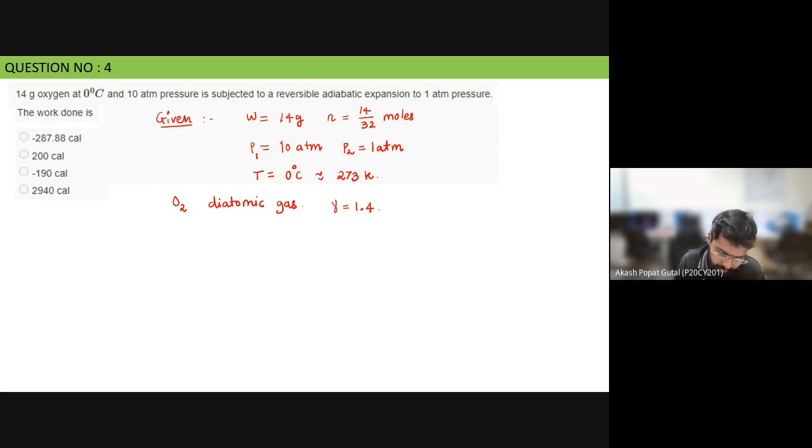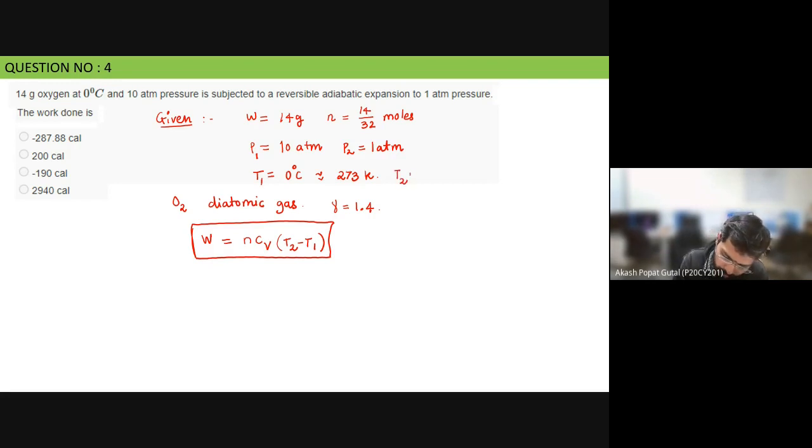What we need to find is the work done, which for an adiabatic process is nothing but the change in internal energy, nCV (T2 minus T1). So we need to know T2.